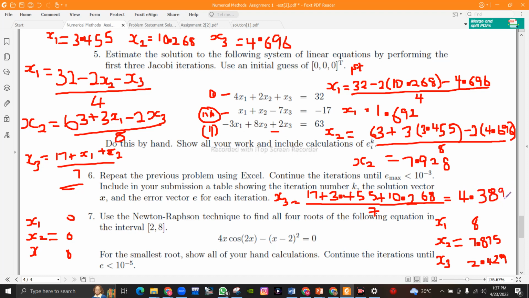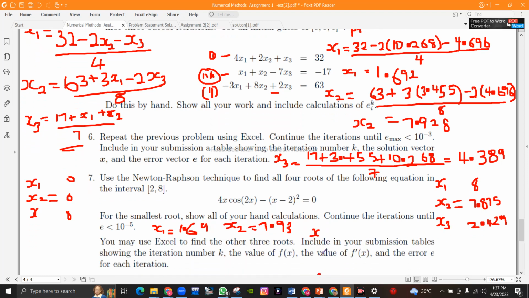So after the third iteration, the solution is approximately, I want to leave it in 2 decimal points, x1 equals 1.69, x2 is 7.93 and x3 is 4.39. So these are our x1, x2 and x3 after the third iteration.